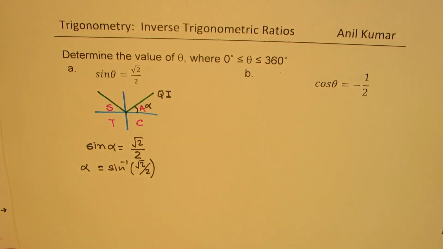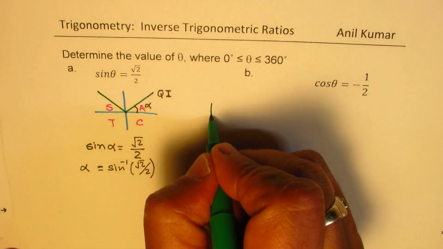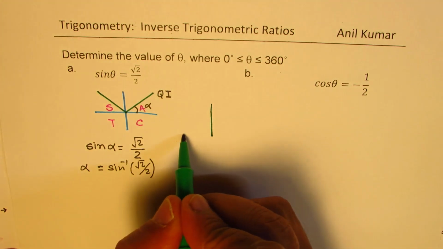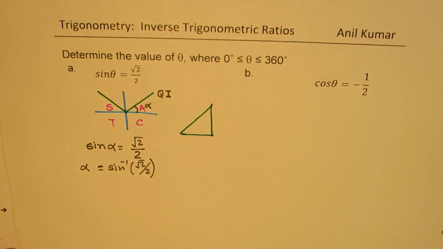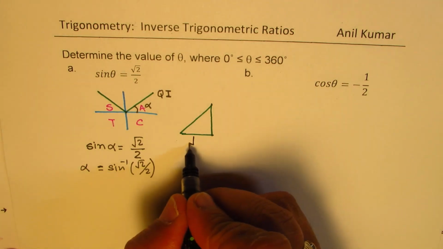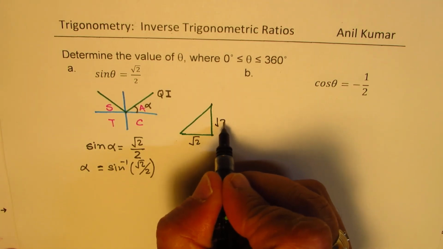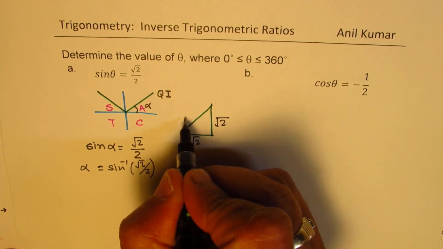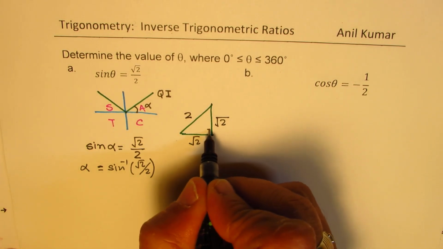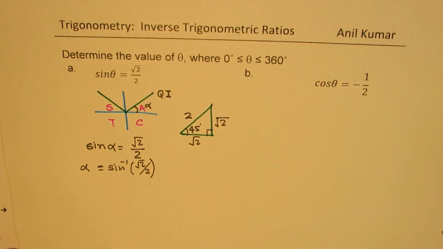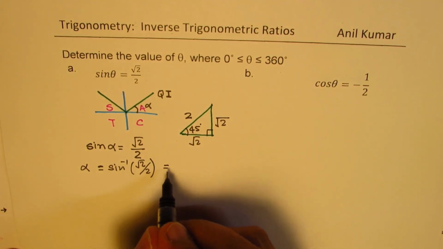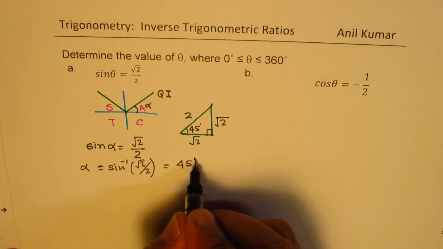Now from our special triangles, we know that whenever we get square root 2, we're talking about 45 degrees, right? So if these sides are square root 2 and square root 2, then the hypotenuse is 2, right? And that happens for the 45 degrees triangle. So that means alpha is 45 degrees.